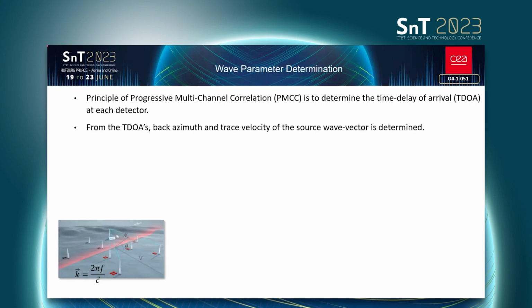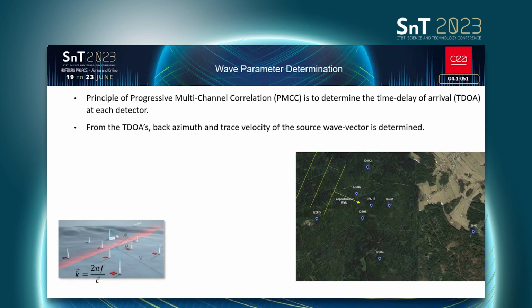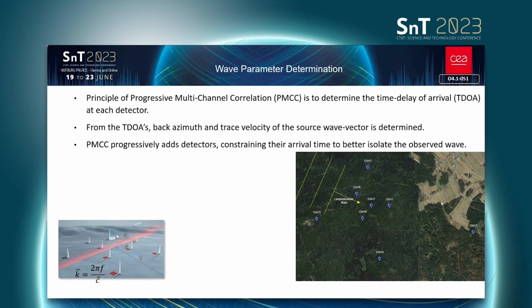Imagine we have an array like this of several detectors at a station, and the difference of arrival time allows us to determine azimuth, trace velocity, and basically direction. And for my study, I was using PMCC, but there are several different methods for doing this.